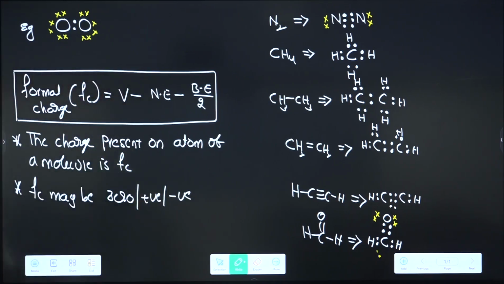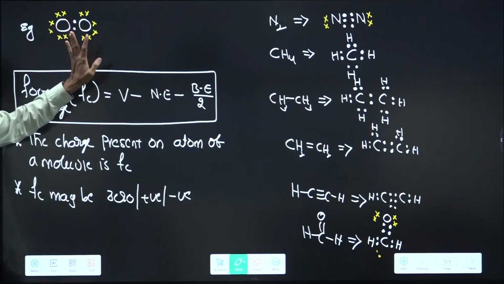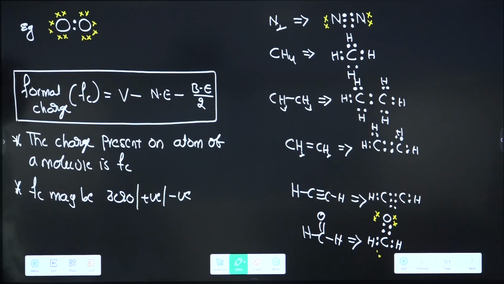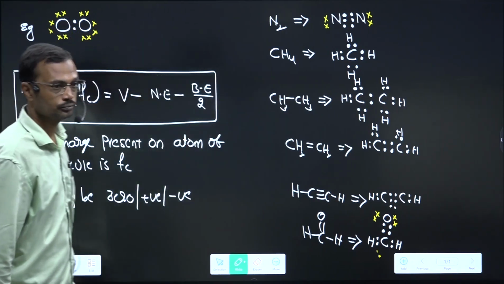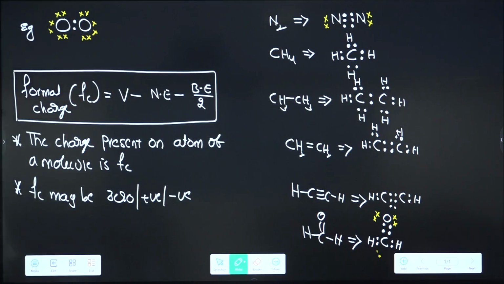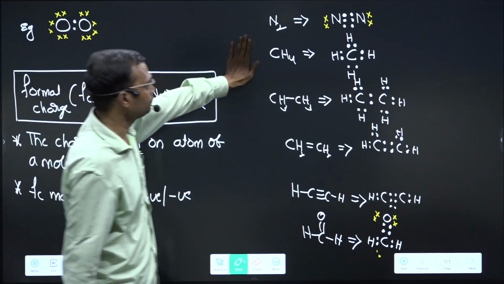Anything is possible. The charge present on an atom of a molecule is formal charge. It is represented by Fc. Fc may be 0, positive or negative. But while writing any Lewis dot structure, it should not be represented by a charge. Okay? Now, just apply this formal charge to N2. First you apply this formula to this one.